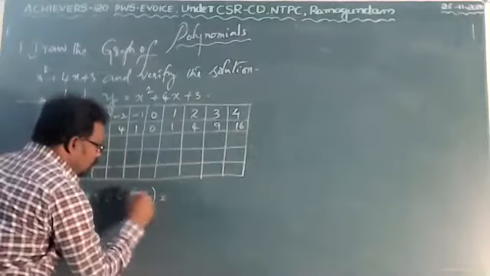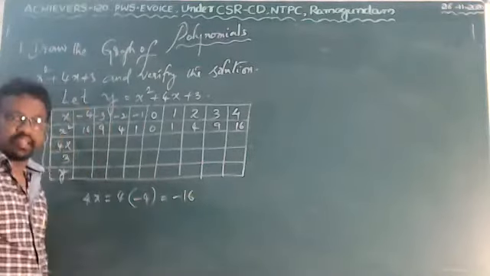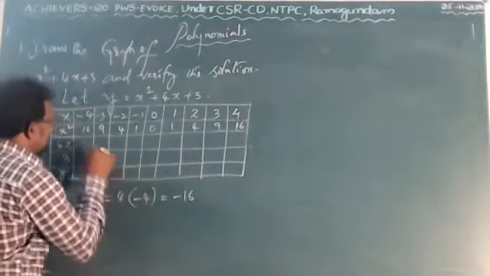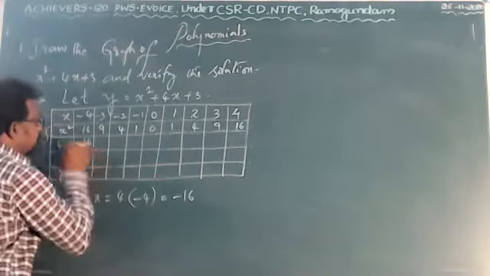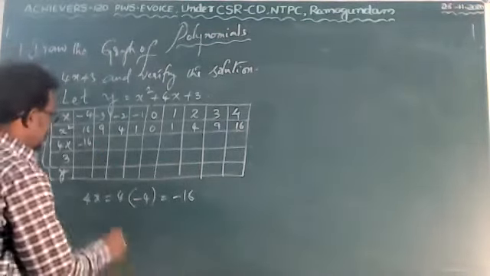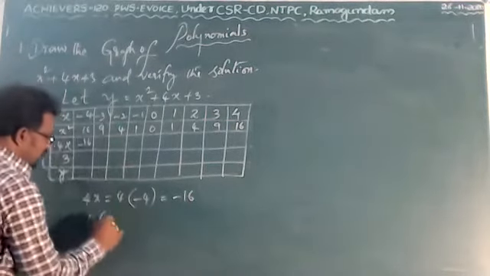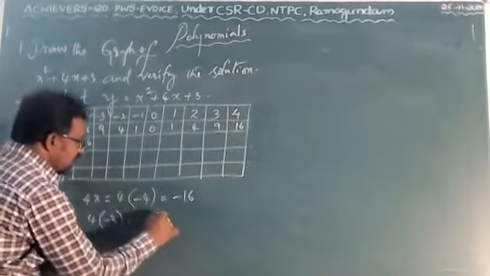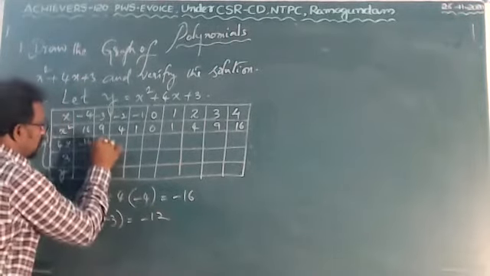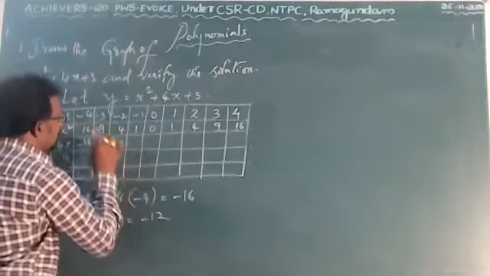Plus into minus 4, 4 fours are 16, so here minus 16. Next, 4 into minus 3, minus 12. 4 threes are 12, plus into minus is minus. Minus 12.